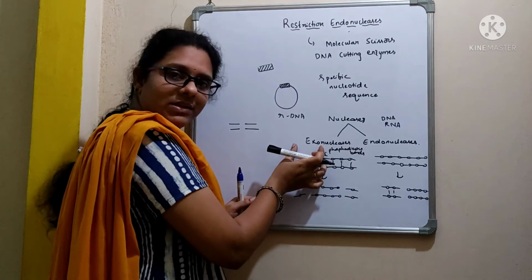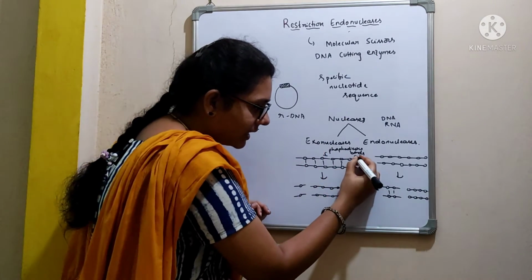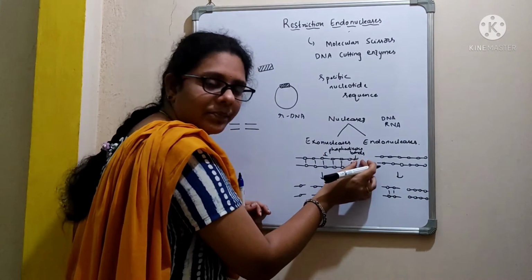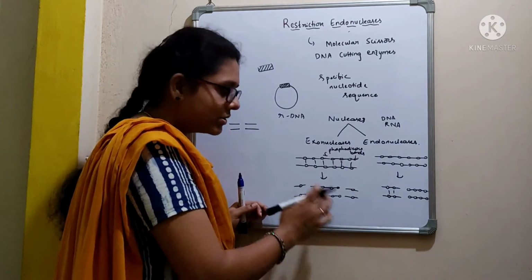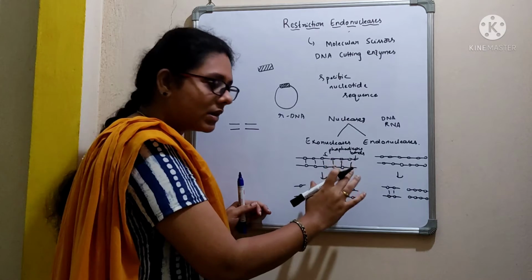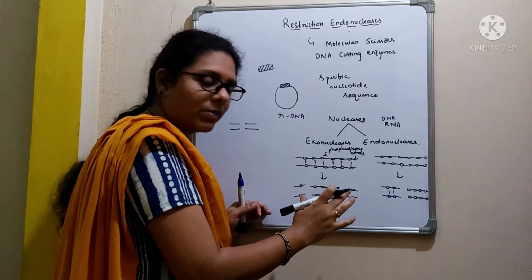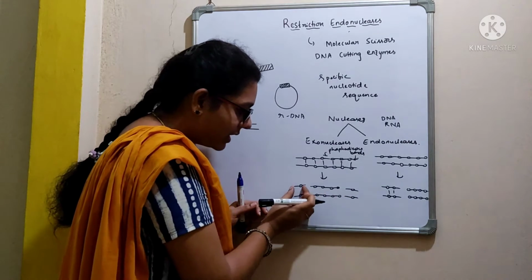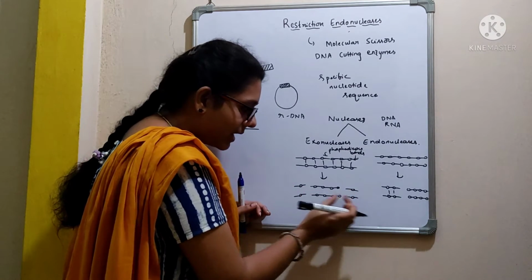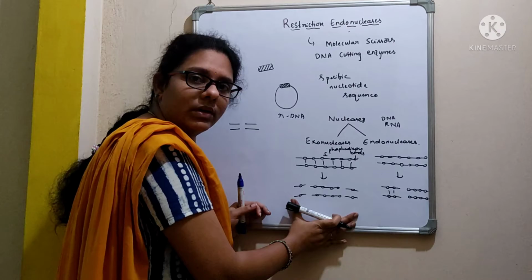If you observe the exonucleases, see here, the cleavage has taken place here. That means the terminal nucleotides are removed. So here these exonucleases are going to break the phosphodiester bond and remove the nucleotides from the end of the DNA molecule, that is, at the terminal region of a DNA molecule.